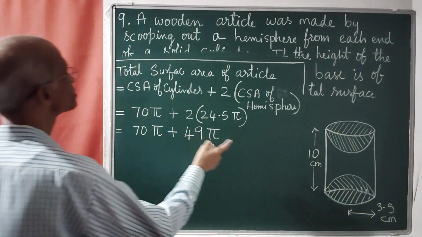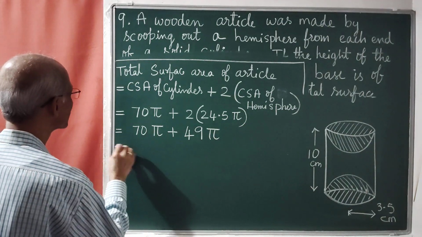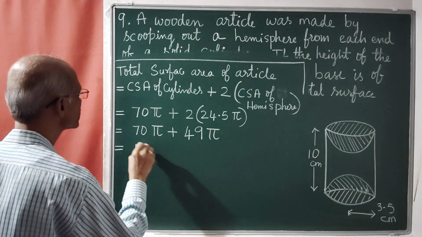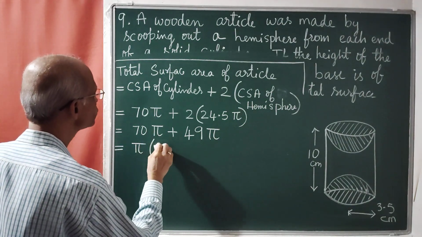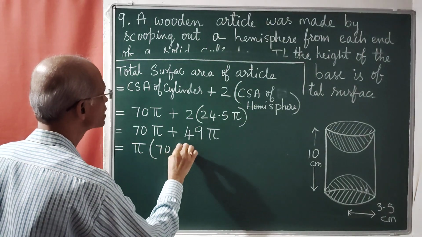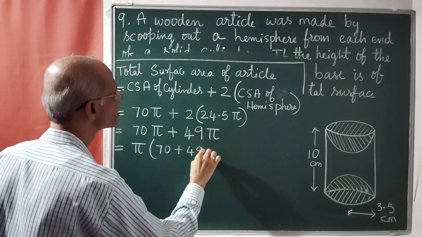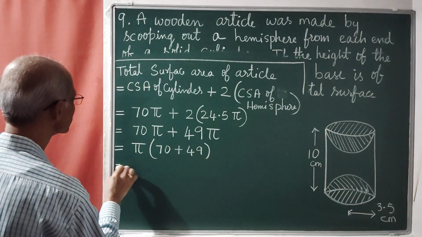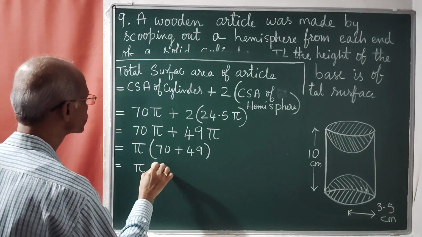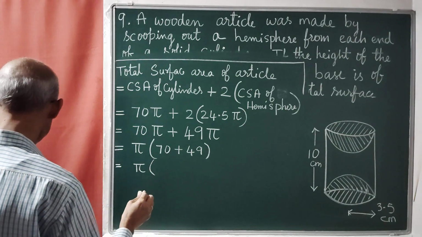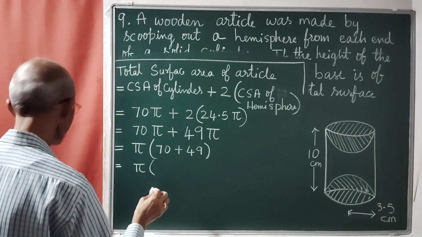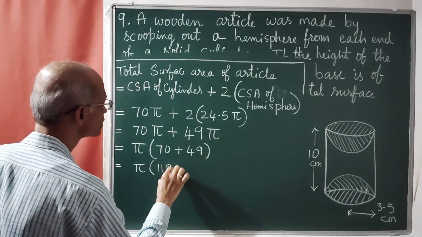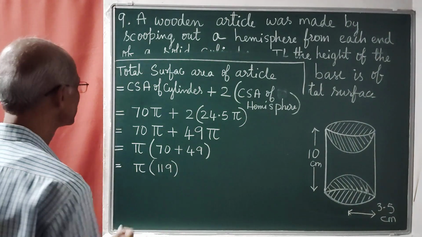Now in the two terms, pi is a common factor. I'll take pi outside. So pi into 70 plus 49, that's equal to pi into 119. Now we'll put the value of pi.